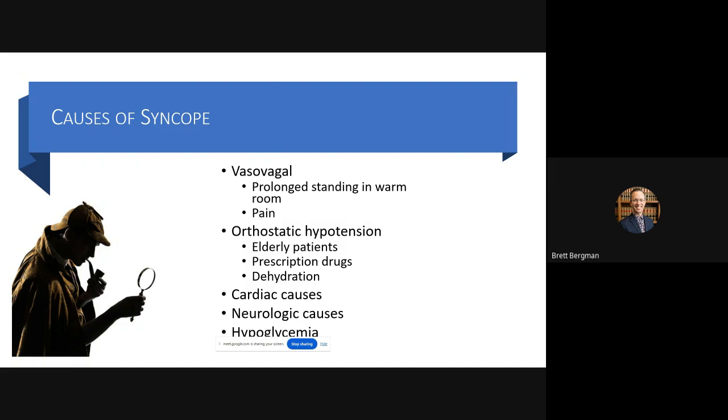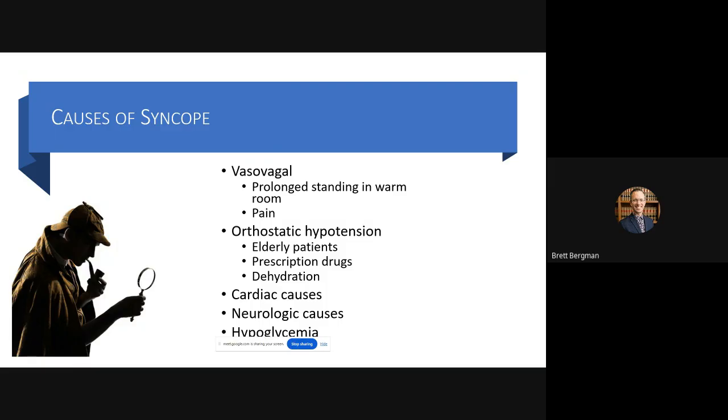You can have orthostatic hypotension. So this is going to be primarily in elderly patients. They may have a syncopal episode while they are on the toilet and bearing down to have a bowel movement, and they faint.